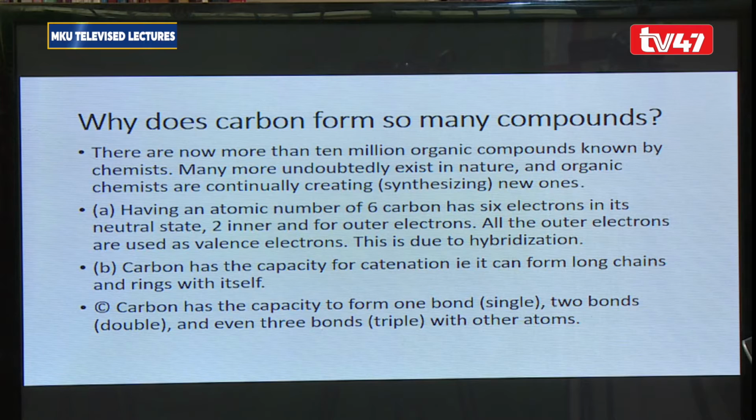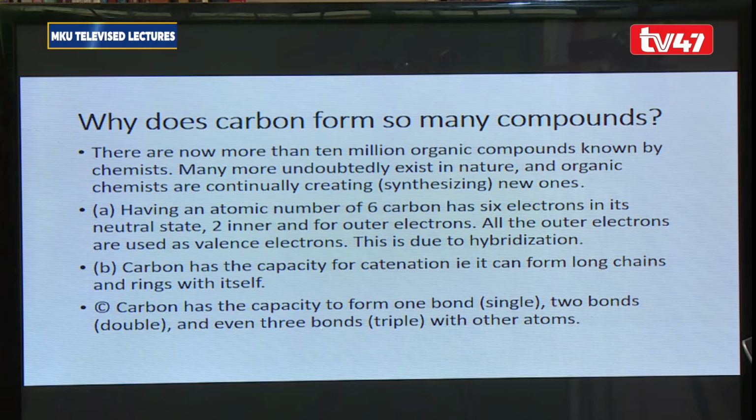Now, what happens is that carbon is able to use all the outermost electrons in covalent bonding, meaning that carbon displays tetravalent character, and forming tetrahedral bonded compounds.